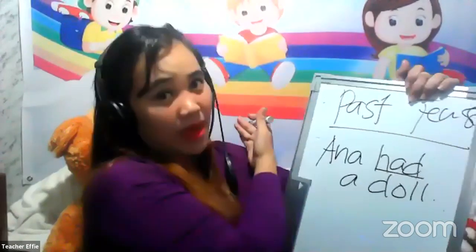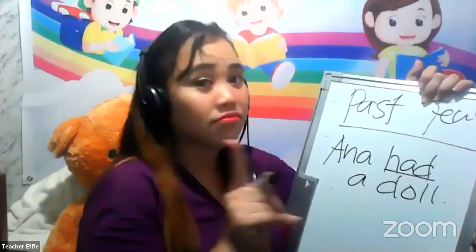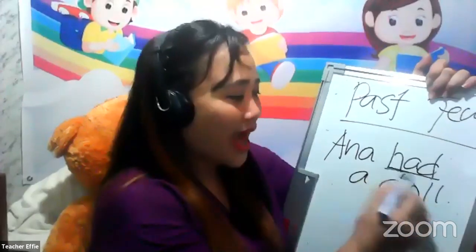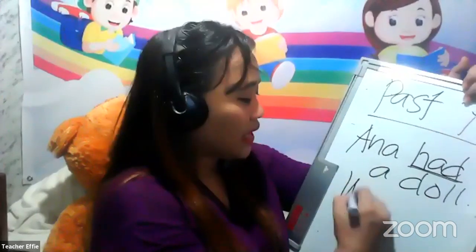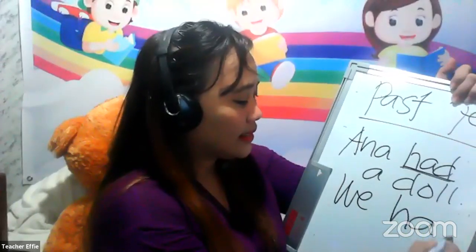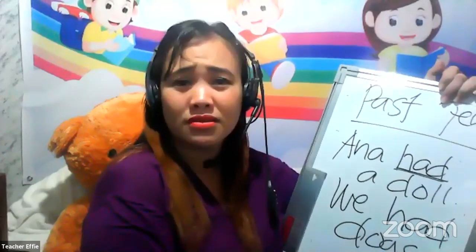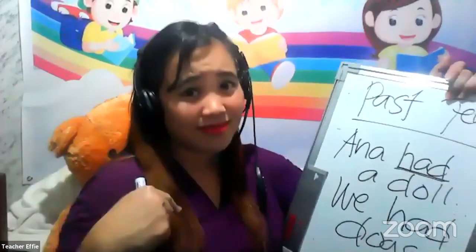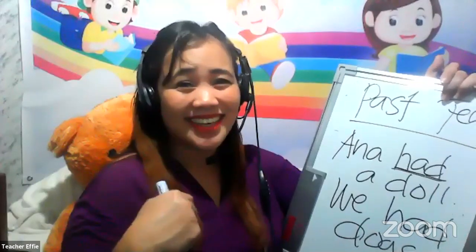At that time, Anna had a doll, but no doll at this time. She does not have a doll at this moment. Okay. Had, it's past already. We had dogs. Well, yes, we had dogs. That was before, but we don't have dogs now. All right. Okay. So, very basic.